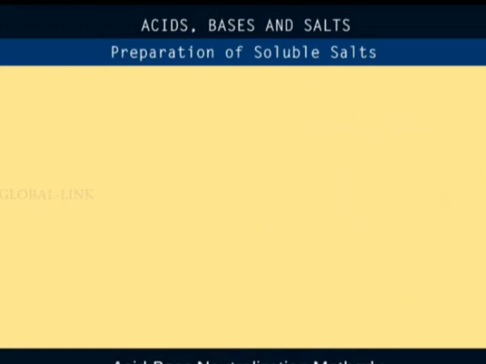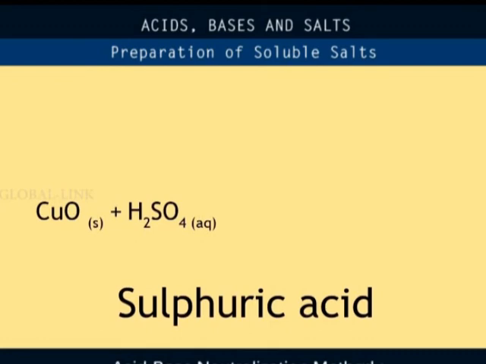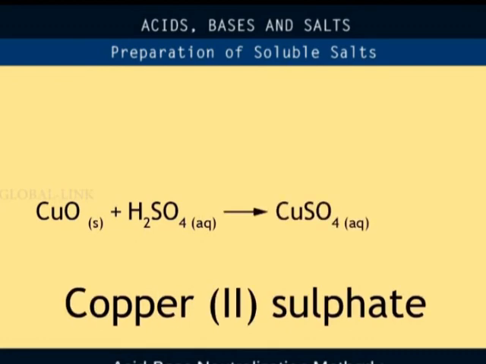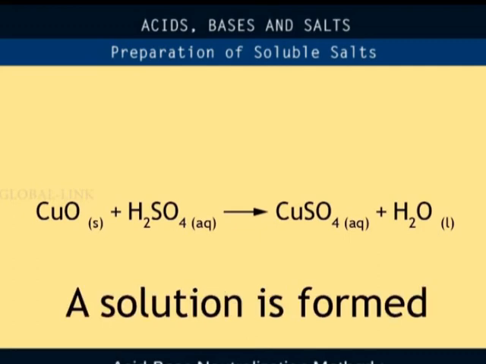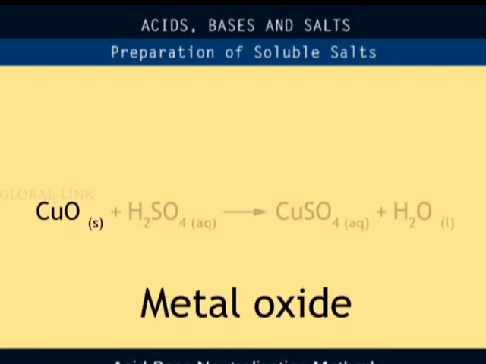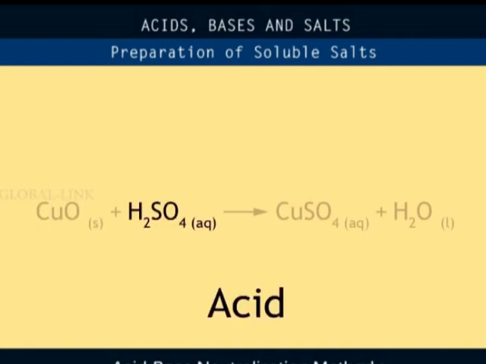In this process, copper 2 oxide reacted with sulfuric acid to give copper 2 sulfate and water. As copper 2 sulfate is soluble in water, a solution is formed. Copper 2 oxide is a metal oxide, which is an insoluble base, and sulfuric acid is an acid.